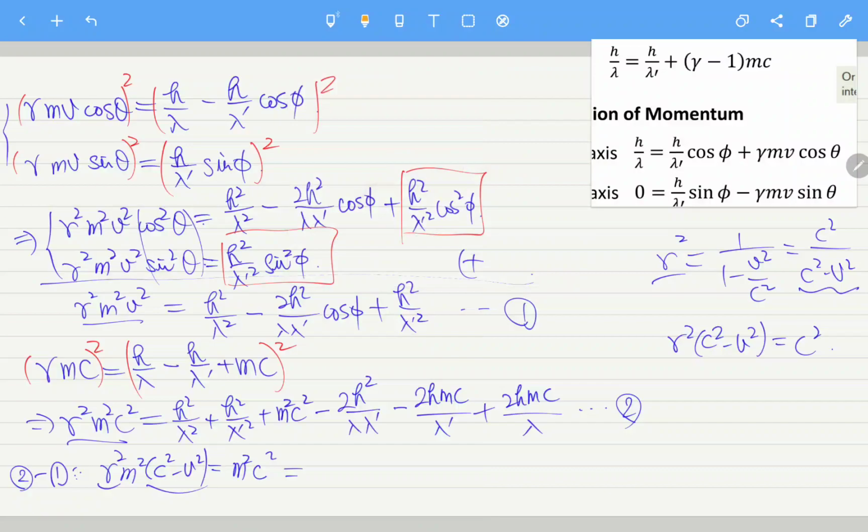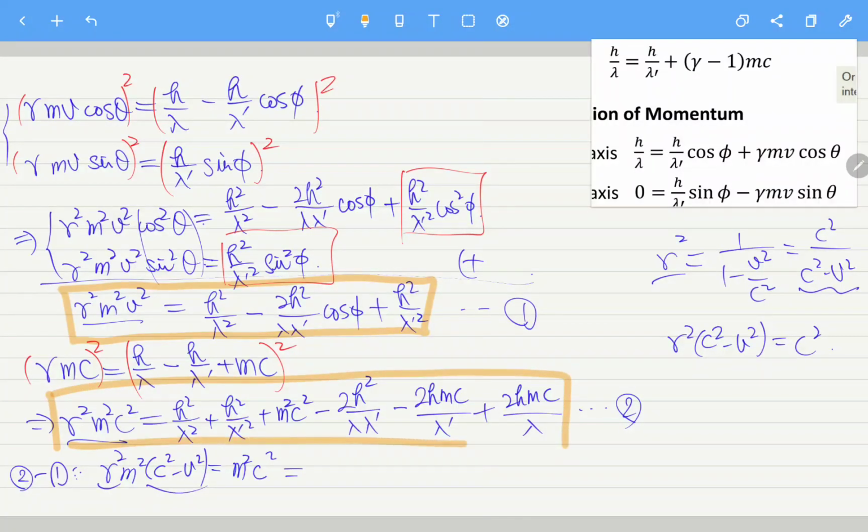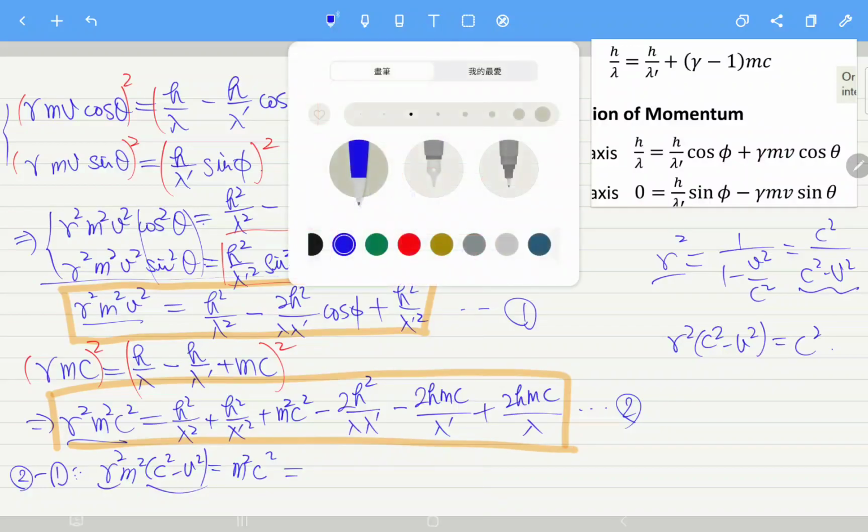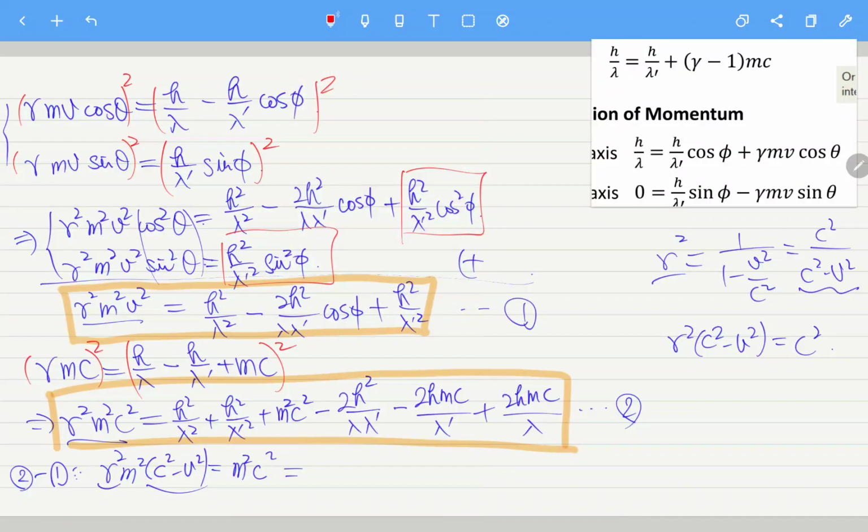If we have equation 2, equation 1 is this one. Equation 2 is this one. When we subtract equation 2 from equation 1, we can see this one and this one are the same, so they are cancelled. Also, this one and this one are also the same. They can also be cancelled.